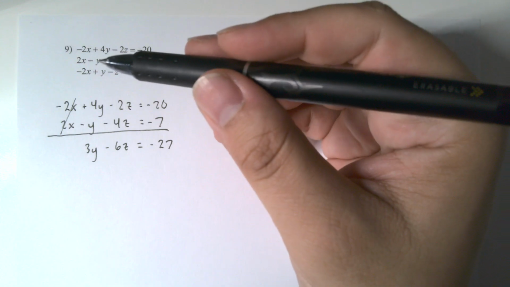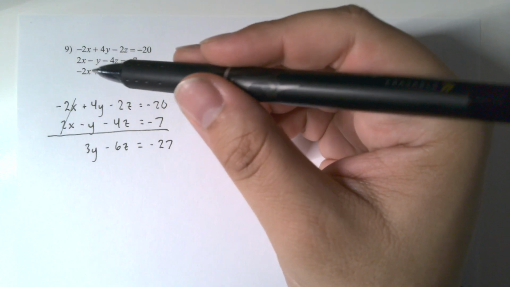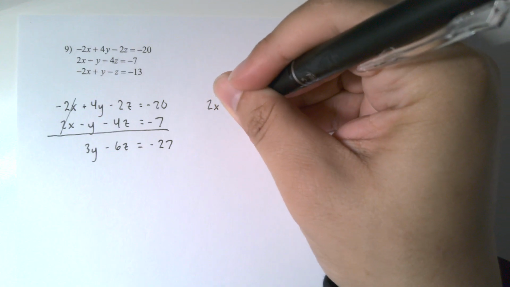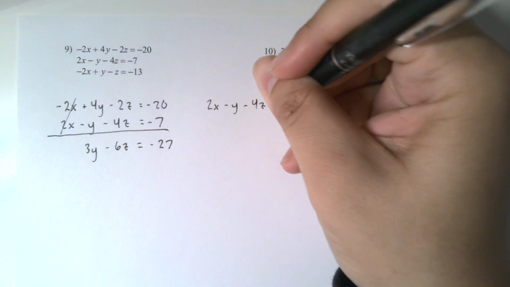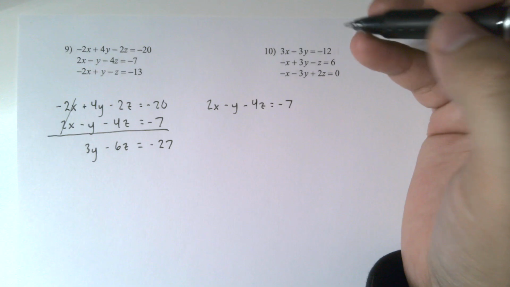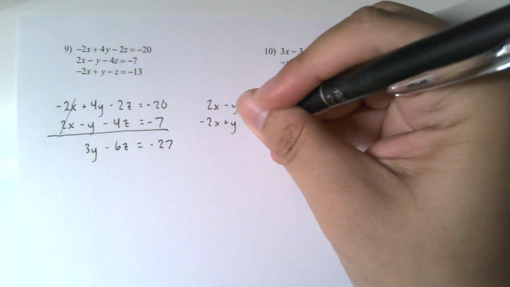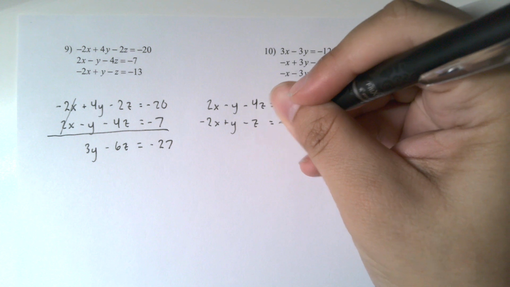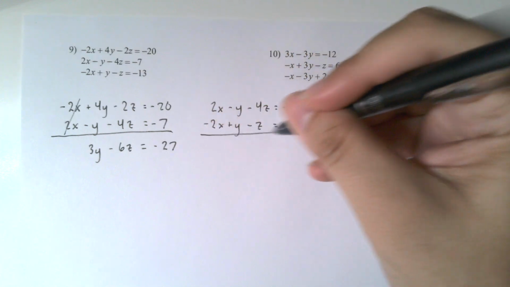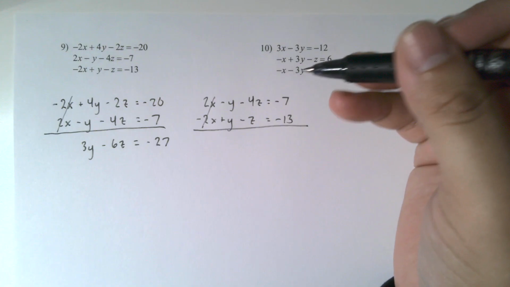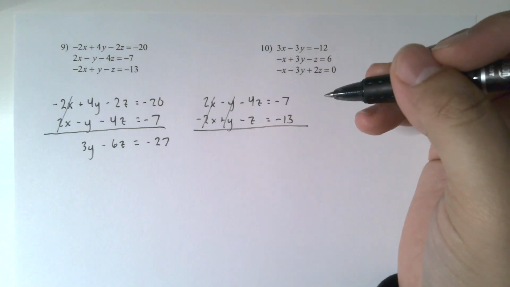Now let's use equations 2 and 3 to also eliminate x. If we do that, we have 2x minus y minus 4z is equal to negative 7. And then the third equation, negative 2x plus y minus z, is equal to negative 13. This is going to work out nicely, because not only are the x's going to eliminate, the y's will eliminate as well.